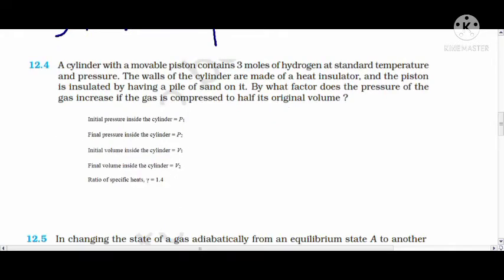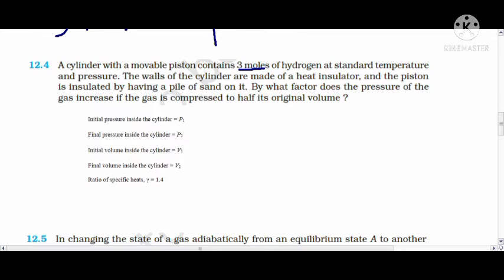Then, question 4. A cylinder with a movable piston contains 3 moles of hydrogen at standard temperature and pressure. The walls of the cylinder are made of heat insulator, and the piston is insulated by having a pile of sand on it.